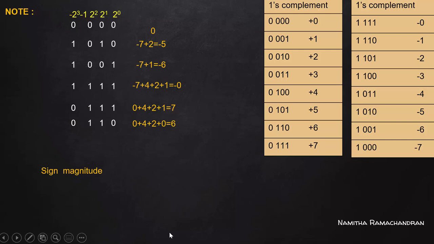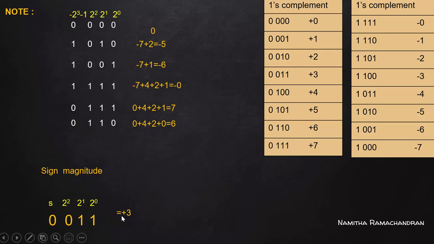But in case of sign magnitude representation, we don't want to consider these ranges. In sign magnitude form, the MSB bit actually indicates the sign value. Okay, so the method for evaluating the value of a binary number in sign magnitude form is first check the sign bit or the MSB bit. Whether it is 0, that means it indicates a positive number.